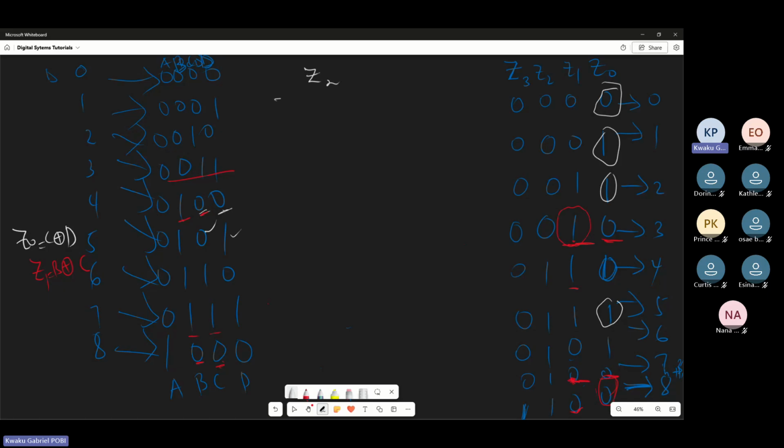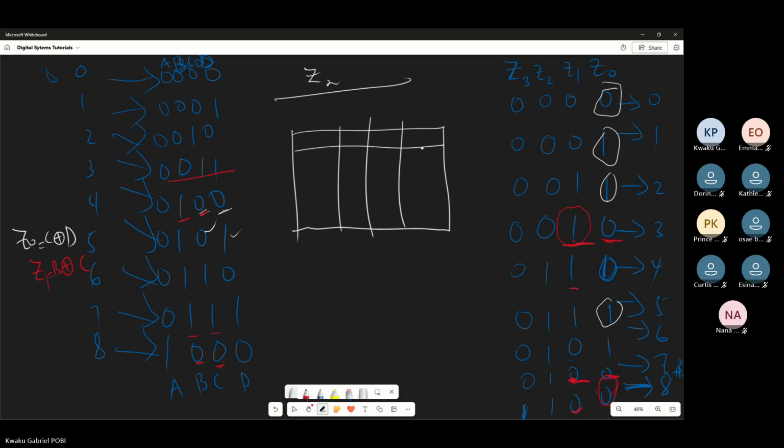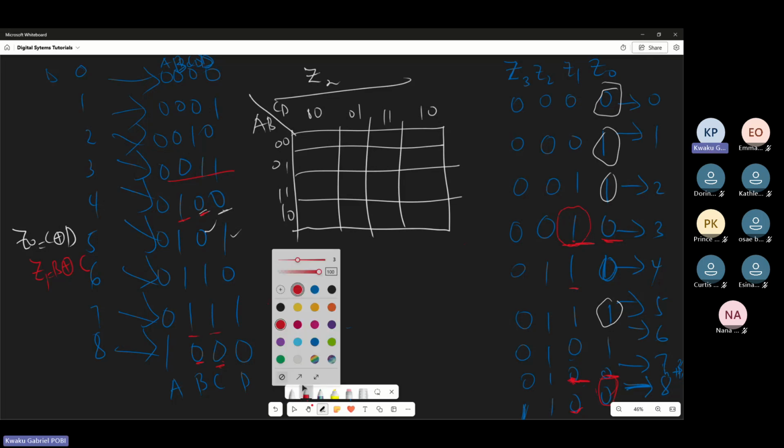So for Z2, let's draw the K map for it. We'll have this, and then AB here, CD here, 0, 0, 0, 1, 1, 1, and then 1, 0, and 0, 0, 0, 1, 1, 1, and then 1, 0. Then with these two, let's fill.